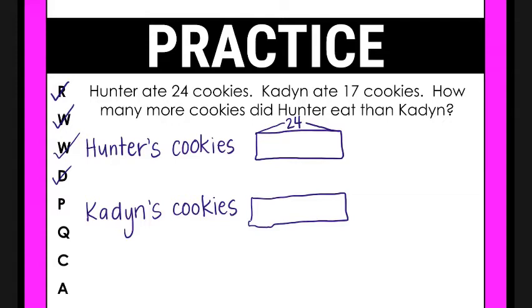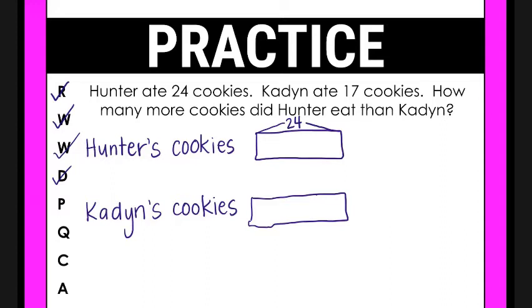But I started by making these 2 unit bars the same size. So that would mean 24 and 17 are equal. Are 24 and 17 equal? No. So who ate more cookies, Hunter or Caden? Hunter did. So I need to show that on his unit bar.